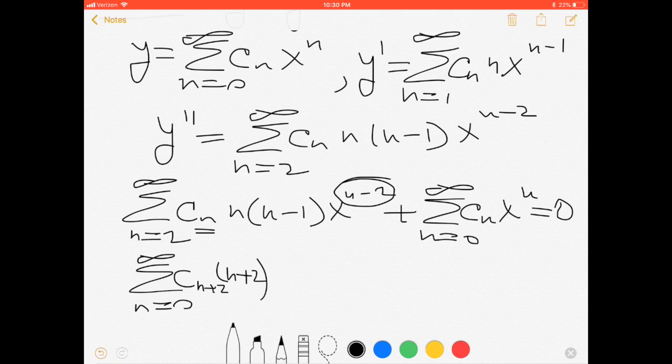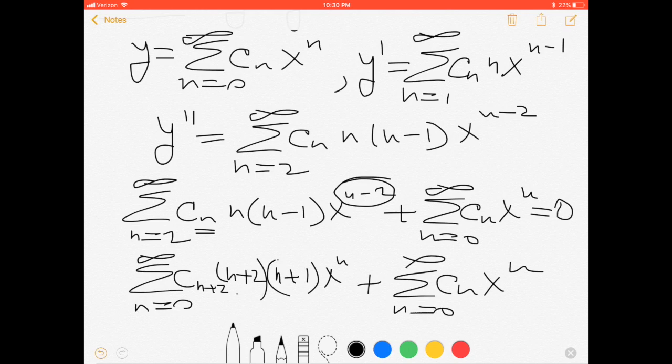One less than the power is n plus 1, so n plus 1, or 1 less than you have here, and x to the power n, and n starts from 0, plus cn x to the power n, and n from 0 to infinity equals 0.